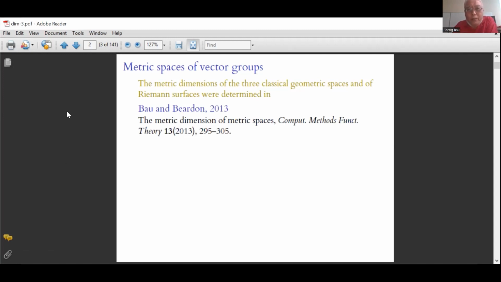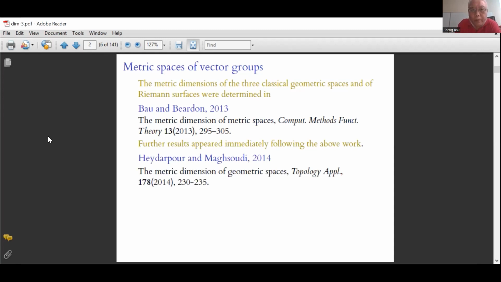So metric spaces of vector groups. These are Cayley graphs, which become metric spaces using the intrinsic graph metric. And we did several things. One of them is the isometric subspace of a metric space having a larger dimension, which is known to many people.